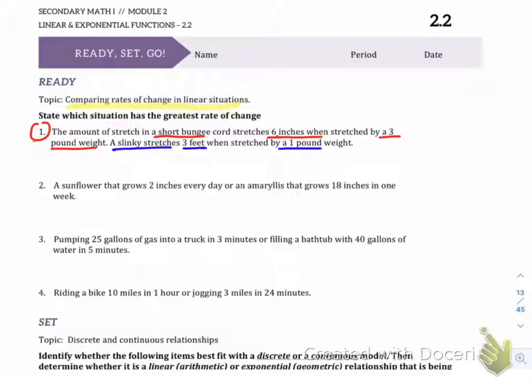They're basically telling us, in the first case, the short bungee, if you have 3 pounds there, then it is just 6 inches.